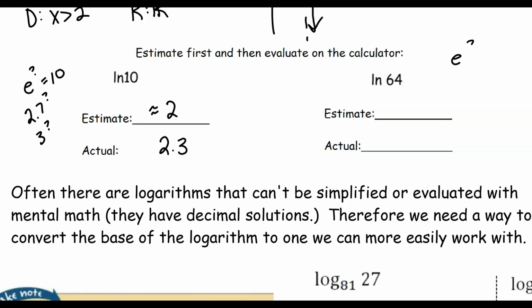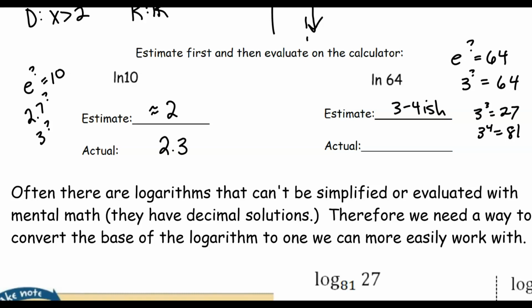So again, e to what power gives me 64. And again, for estimating purposes, you might want to roughly estimate e is 3. So 3 to what power gives me 64? Well, 3 cubed is 27. 3 to the 4th, that's 81. So somewhere between 3 and 4, like 3 to 4-ish.